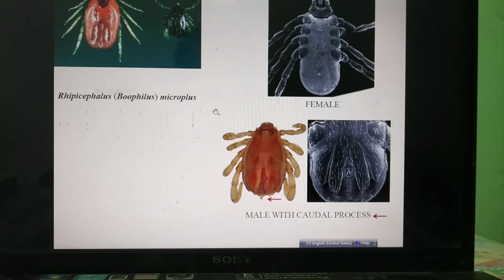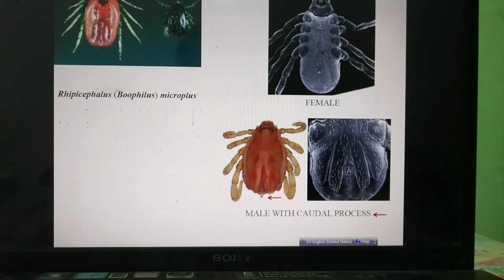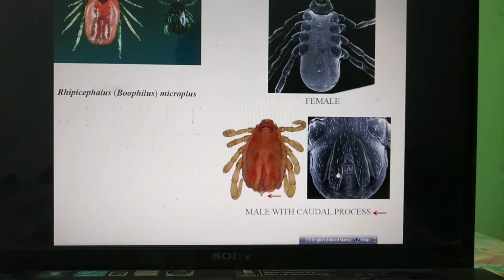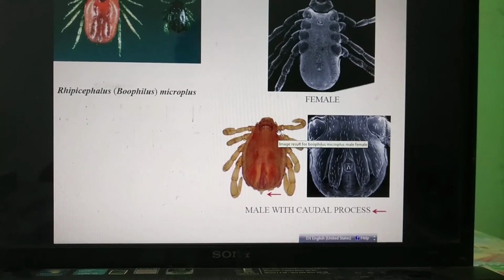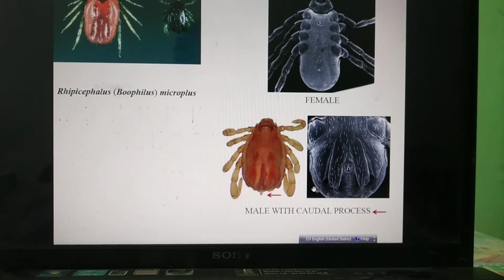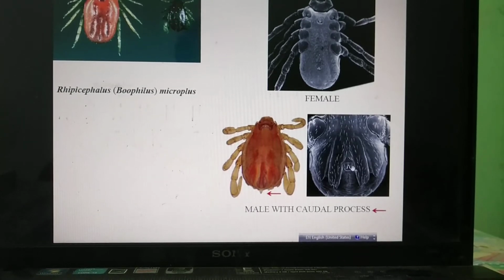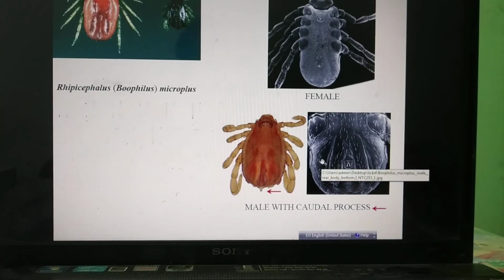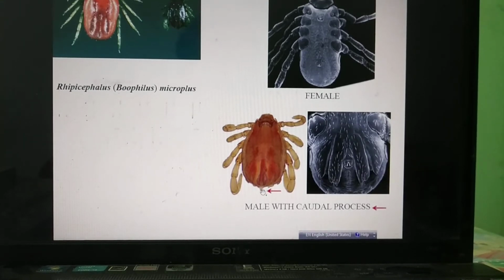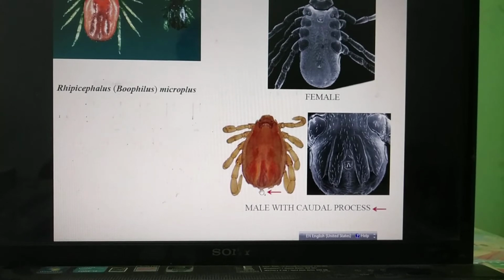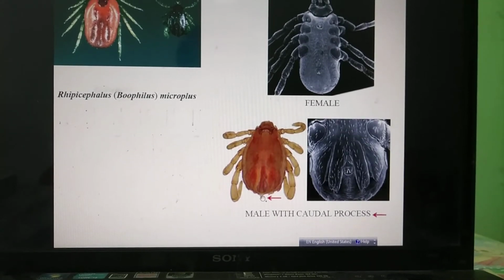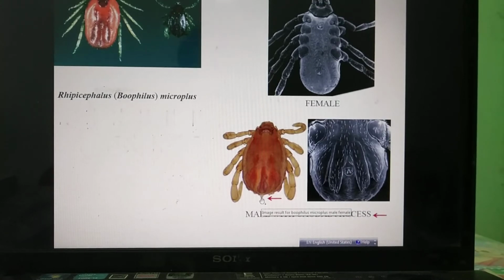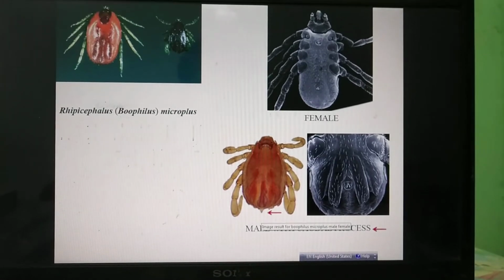One important structure is that the first coxa is bifid. Apart from that you see the anal opening, the posterior anal groove, the adanal shields, the accessory adanal shield. Apart from that, on the posterior margin of the male, only found in the male Rhipicephalus microplus, you will find a caudal process.